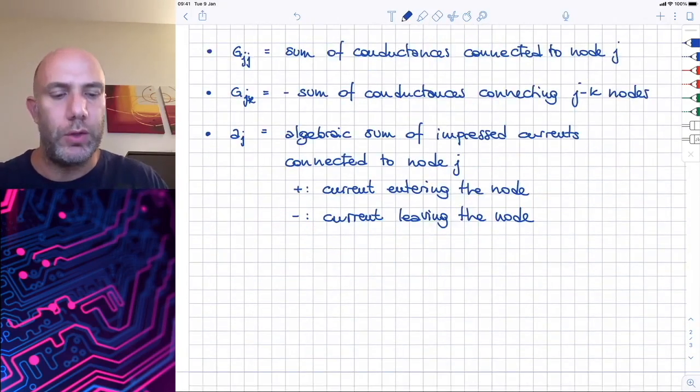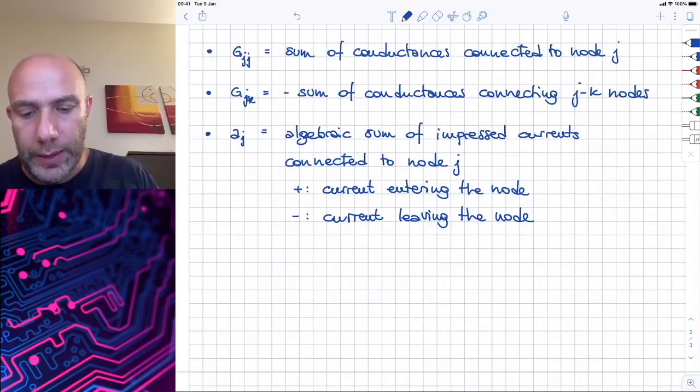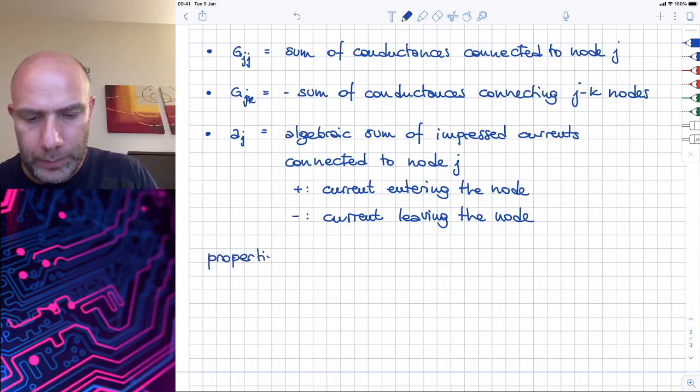Starting from these considerations, we can highlight some properties. The first property is that the matrix is symmetric.